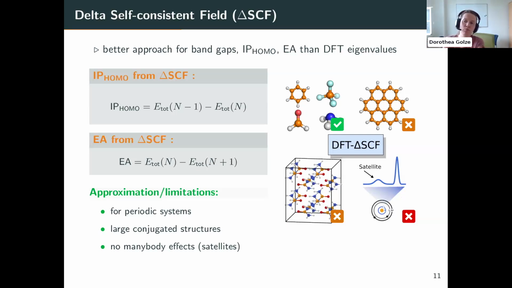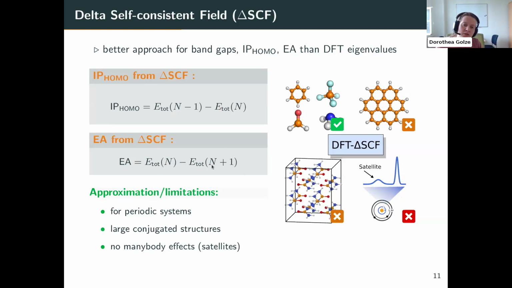So what's the idea? You perform two calculations, as already mentioned. One to get the total energy for the ground state with n electrons, a second one where you remove an electron, for example from a 1s state, or also from the HOMO, and calculate the difference. To get the electron affinities is similar. But here for the second calculation, we add an electron to the system.